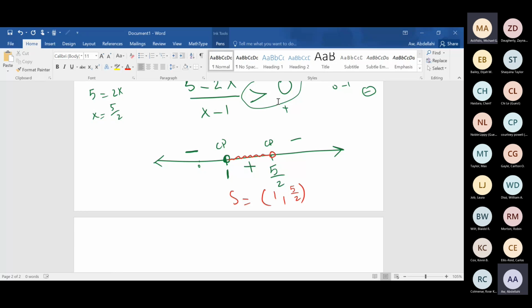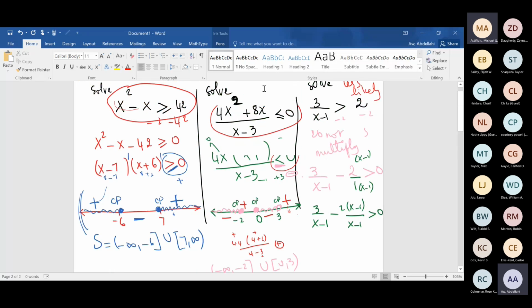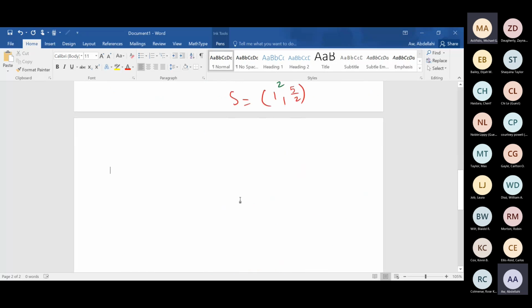And then we focused on the polynomials, how to find the zeros of a polynomial, how to use synthetic division, etc. And then we focused on rational functions, how to get the vertical asymptote, how to get the horizontal asymptote, how to get the x-intercept and the y-intercept of a rational function, etc. And then finally, we focused on how to solve quadratic inequalities and how to solve rational inequalities. That is what we learned in chapter 3.